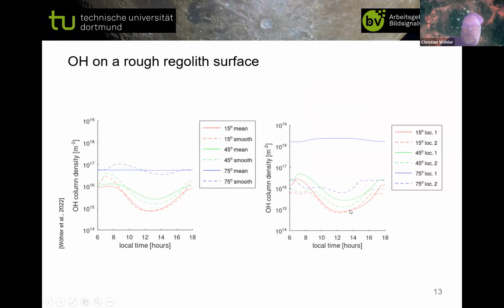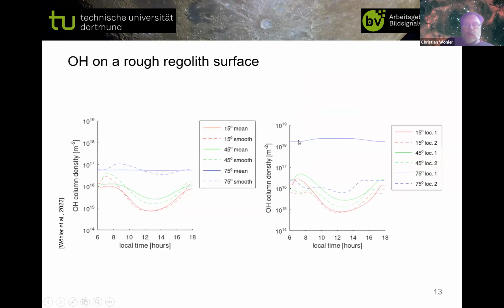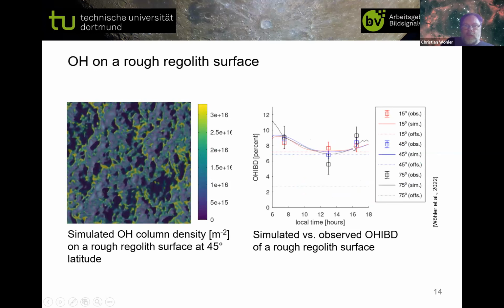Here at 45 degrees there is a difference, and the difference becomes very large, more than 2 orders of magnitude, for high latitudes. So these are some interesting effects that we still need to analyze further and disentangle a bit. Here on the right hand side you can see that it more or less fits with the measurements.